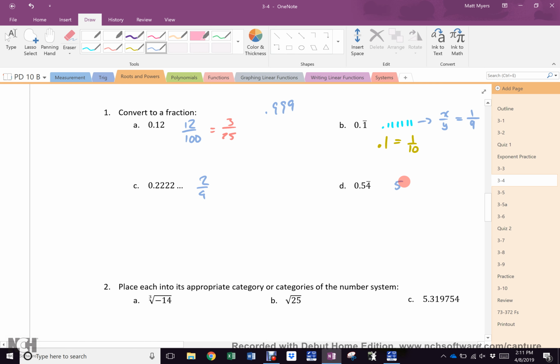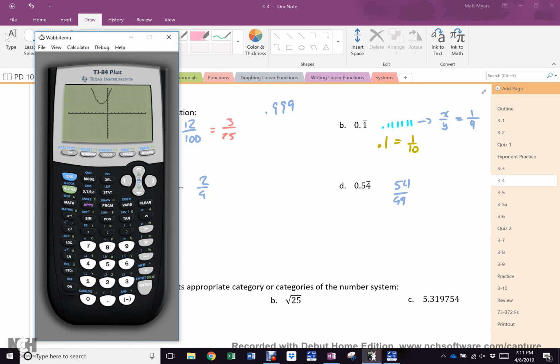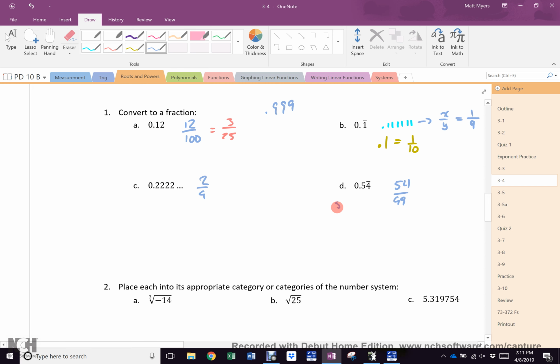Okay, so one of our guesses is 54 over 99. So I'm going to get out my trusty calculator here. And I'm going to go 54 divided by 99. 0.545454. Is that this? No, because what's this? 0.54444444.